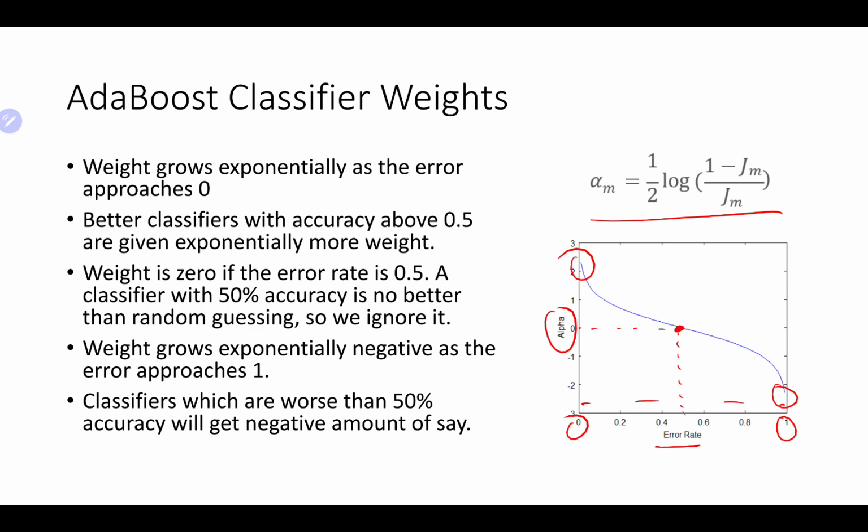The weight grows exponentially negative as the error approaches 1. Classifiers which are worse than 50% accuracy will get a negative amount. So the idea here is this. I don't think this will happen, but if it were to happen, a tree that has larger than 50% error, which is even worse than a coin flip, that's this portion here, means that we should just take the opposite of what this tree is saying.